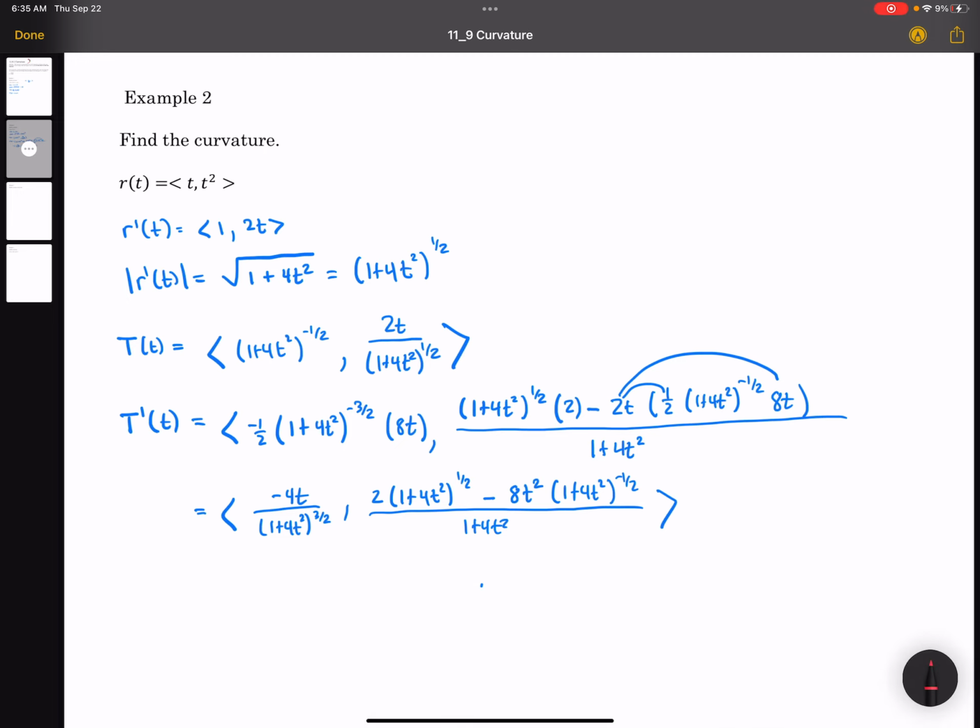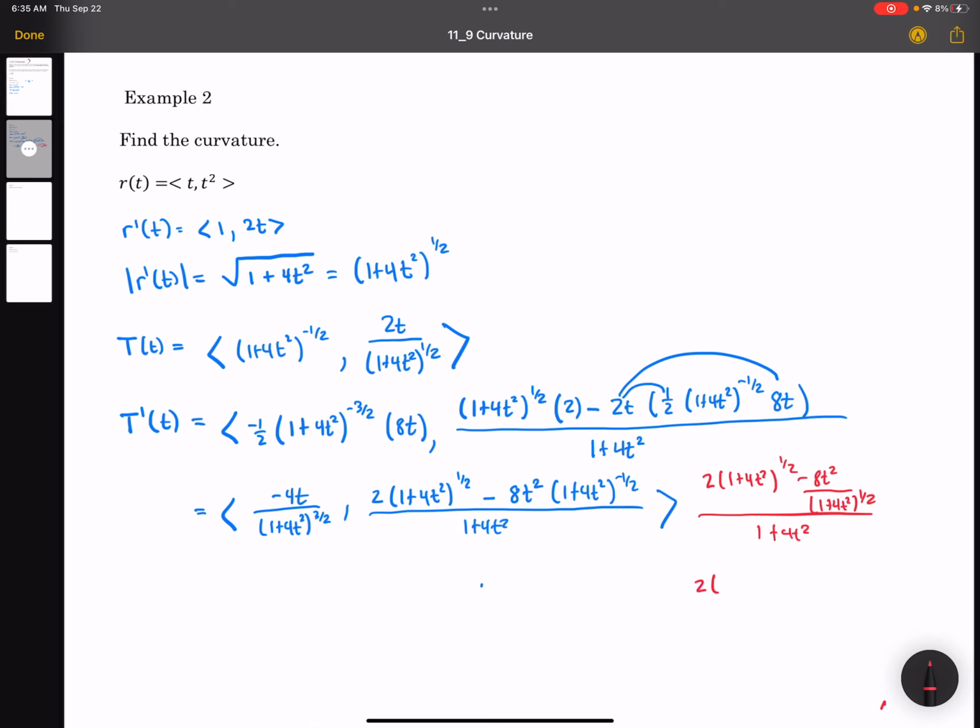Off to the right, for this second component, this is the same as 2 times (1 plus 4t squared) to the 1/2 minus 8t squared divided by (1 plus 4t squared) to the 1/2 power. And all of this is divided by 1 plus 4t squared. So we get a common denominator, where we multiply the first term by (1 plus 4t squared) to the 1/2.